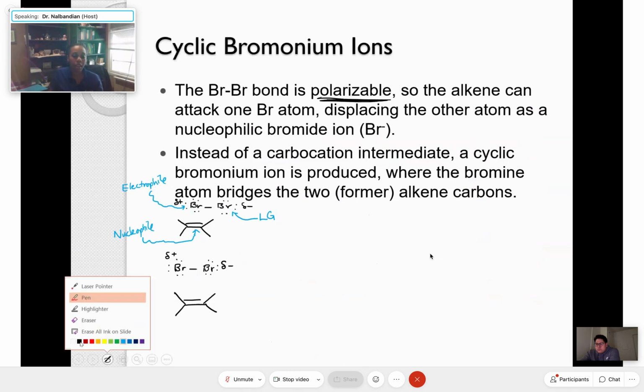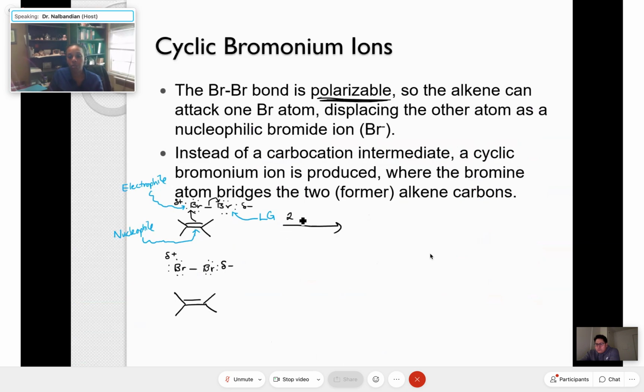So in this reaction, now I'm going to draw the arrows for the mechanism. What happens? Our nucleophile attacks the electrophile and the leaving group leaves. If we only did two arrows, then we would end up with this as our product.